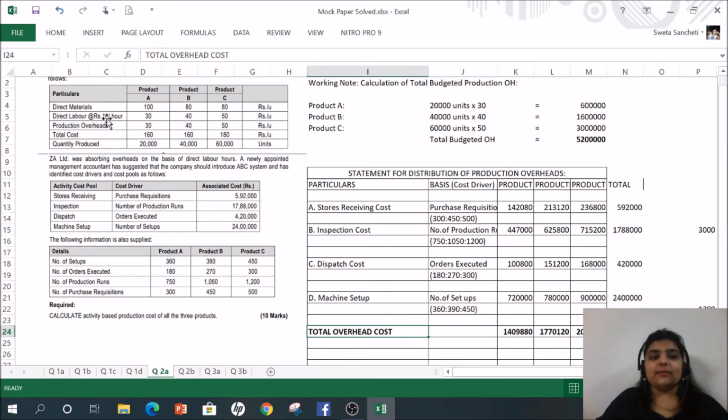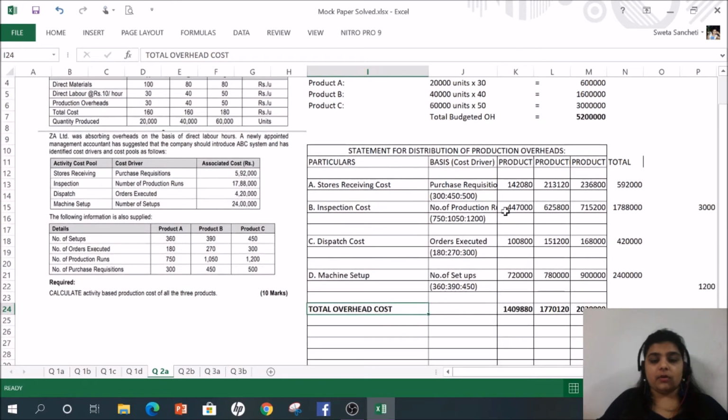There is a direct material and direct labor cost which we have not added. So for all the three we are going to add the direct material as well as direct labor cost. So add direct material cost. Now they have not told us whether they need a per unit cost or a total cost.